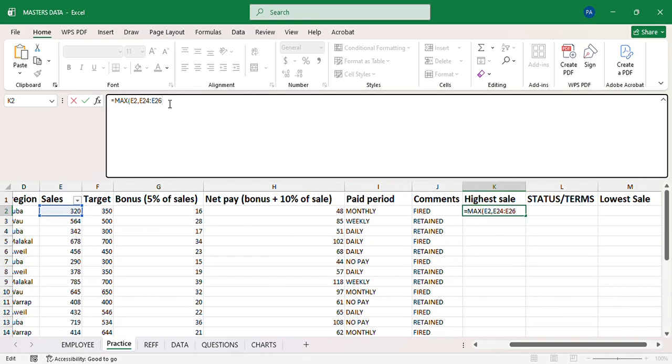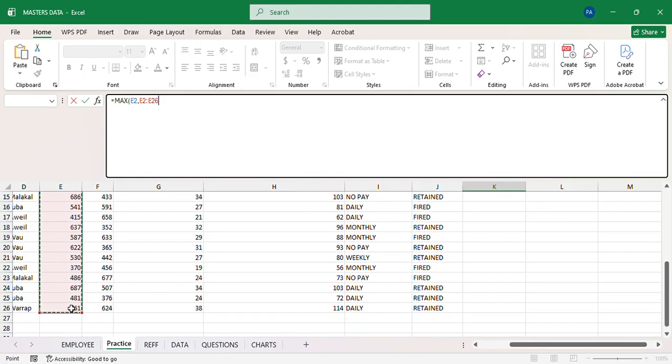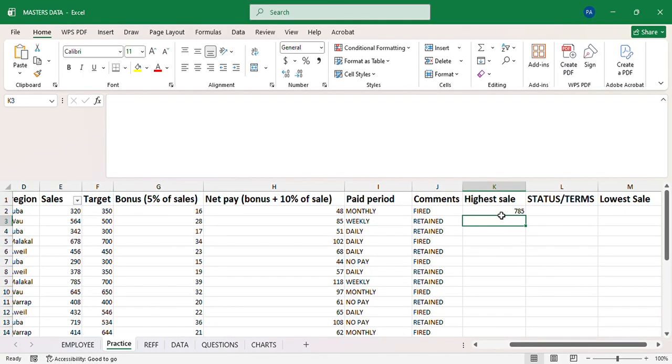We are going to say MAX E2, then highlight, then close the bracket. Here you are going to see the highest sale is 785.